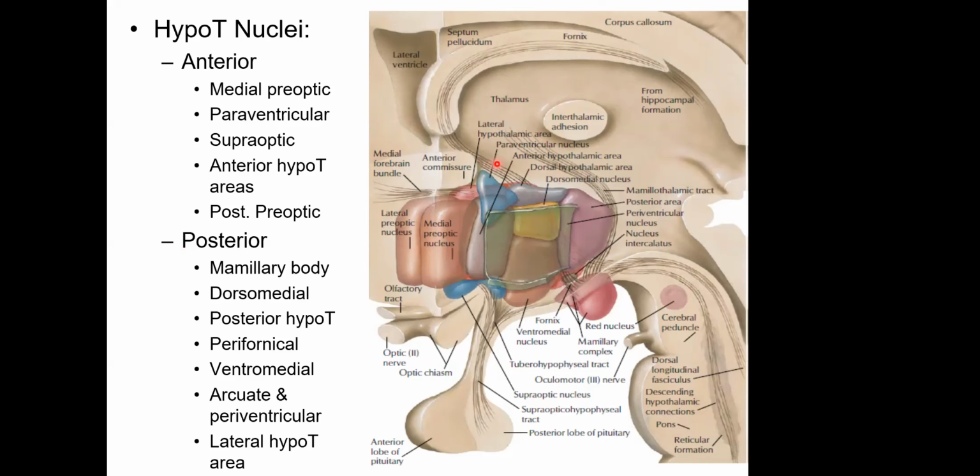So this is the anterior hypothalamic area right here. And the combination is with the preoptic nucleus. So these are the two preoptic nuclei. This together with the anterior hypothalamic area. This is one combination.